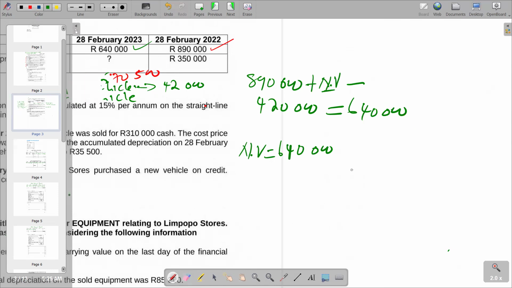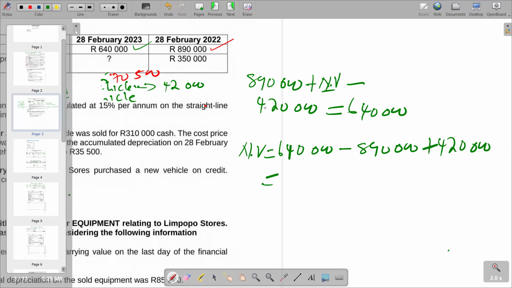So we are saying 640,000, then we take 890,000, it's a positive 890,000, on the other side it becomes a negative, so minus 890,000. Then we take 420,000, this is a negative 420,000, on the other side it becomes positive, plus 420,000. So from there, we can now find the cost of the new vehicle.